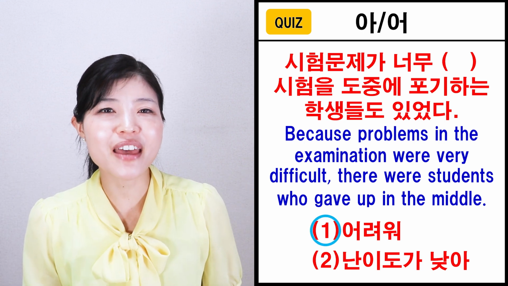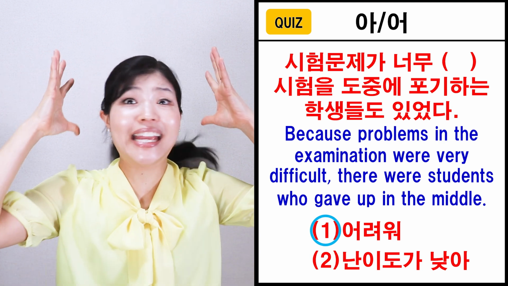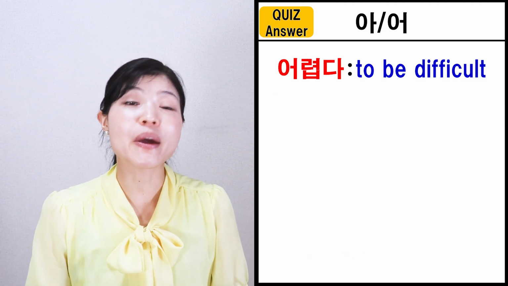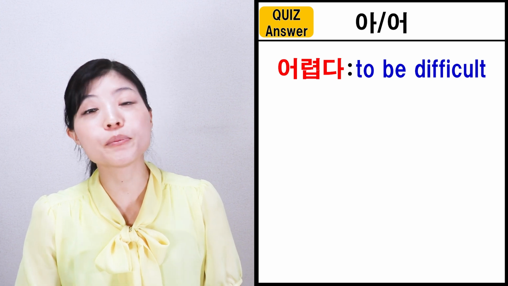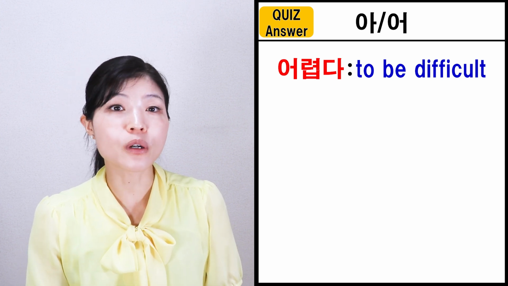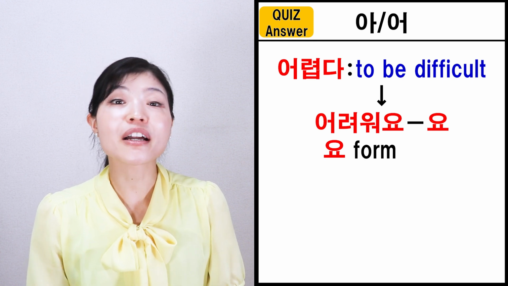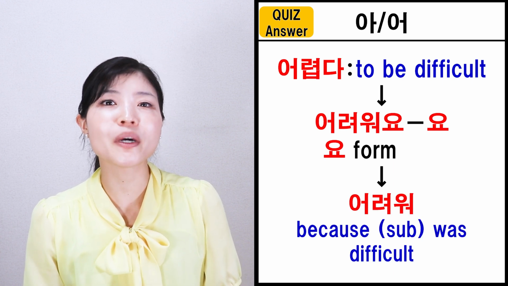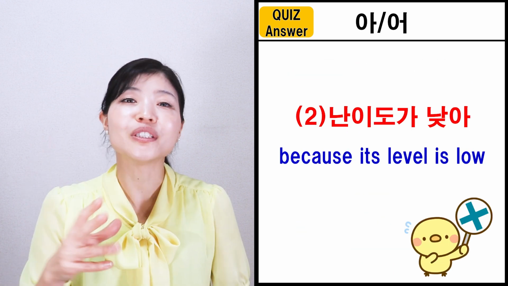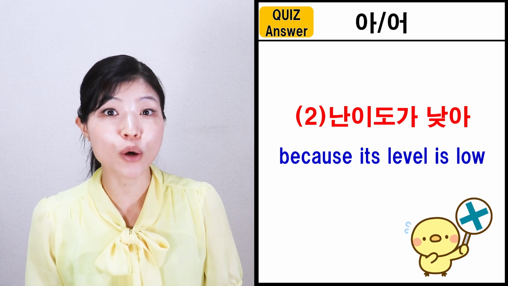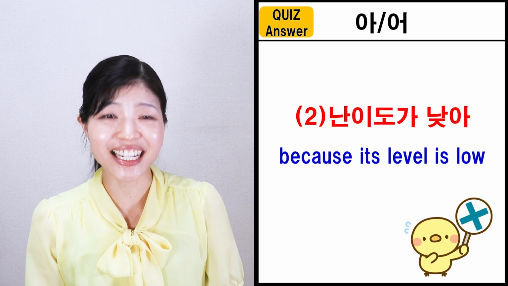I wonder if they left the classroom panicking because the problems were too difficult. Anyway, here, 어렵다 is to be difficult. The 요 form is 어려워요. You omit 요 from this to make 어려워 because subject was difficult. Number 2, 난이도가 낮아 means because its level is low, which is opposite from the text.